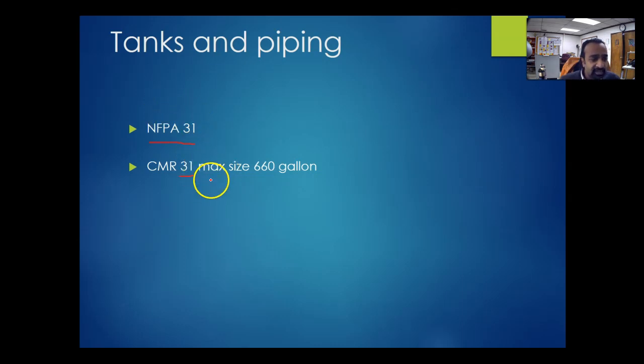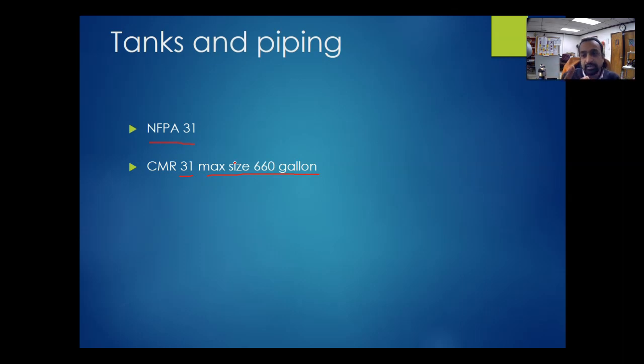For tanks, it does state, and this has not been changed so far as I know, a 660 gallon maximum size of tank. So if you are going to have an above ground tank, it has to be a maximum size of 660 gallons.